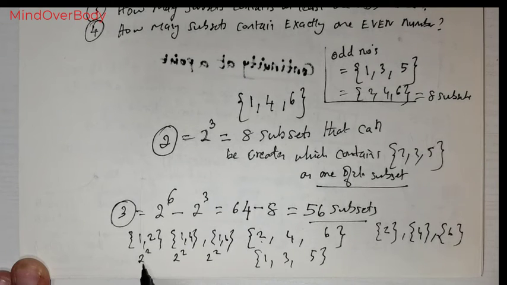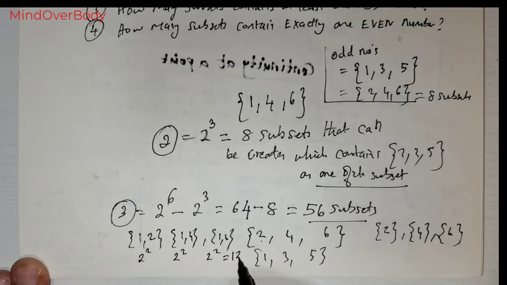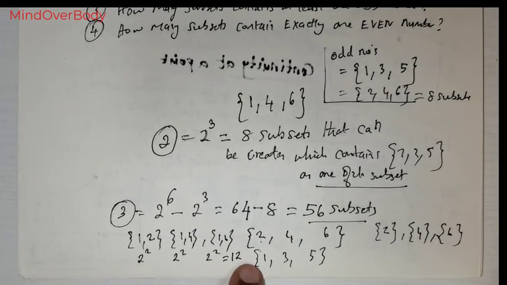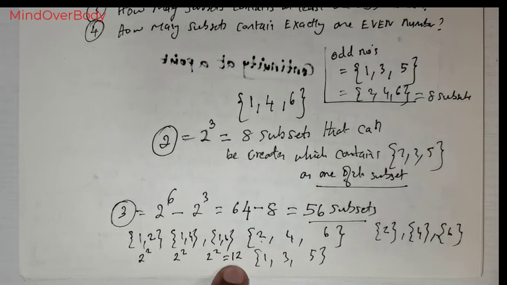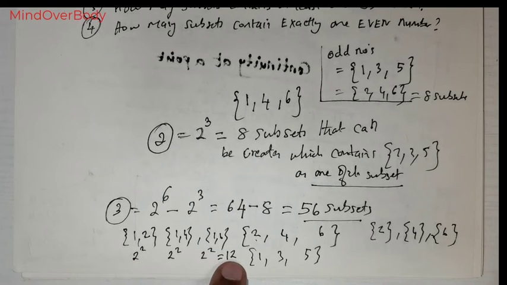So totally 4 plus 4 plus 4, 12 subsets are created over here, but we cannot take all the 12. We need to only take those subsets which have one even number present. So the major part of these 12 sets would be negated.